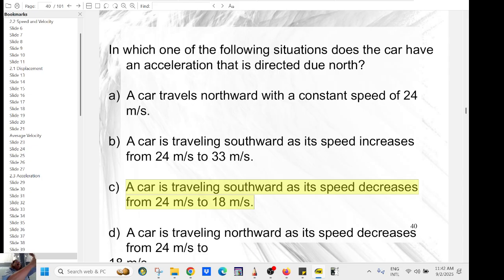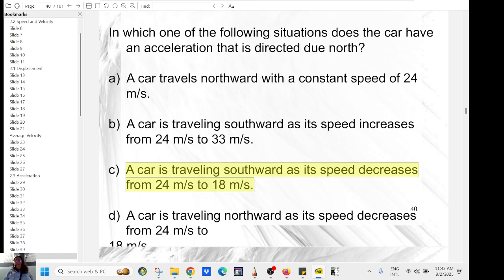Acceleration and velocity, you speed up. Velocity and acceleration opposite, you slow down. In that case, the acceleration will be south. Is that clear?